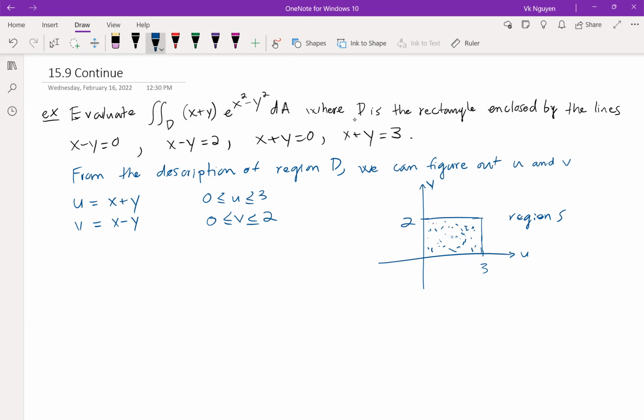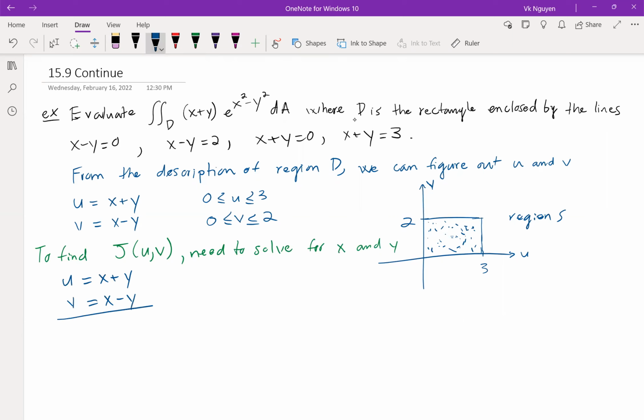Okay, region S. U is equal to x plus y, v equal to x minus y. I'm just gonna add them up here. U plus v is 2x, so that means x is half of u plus v.